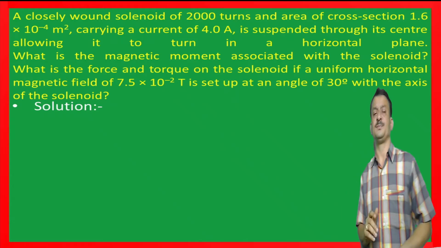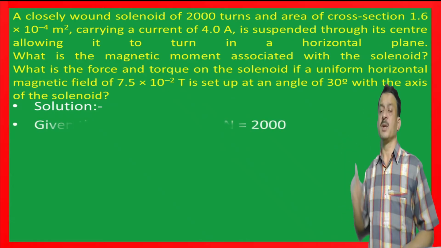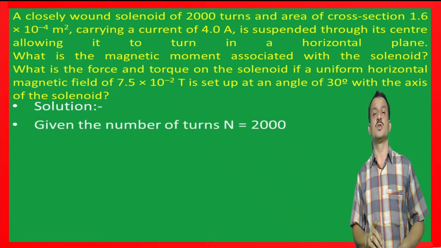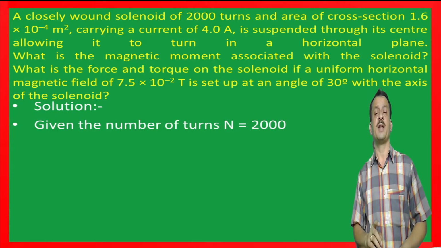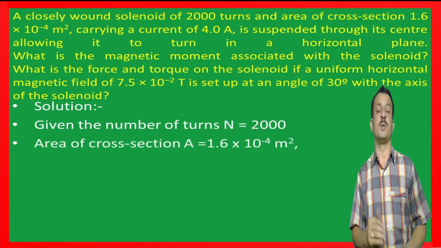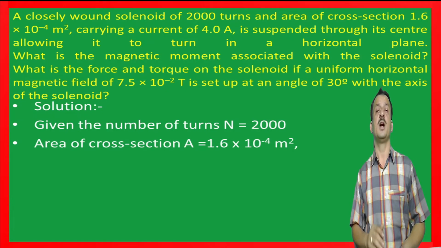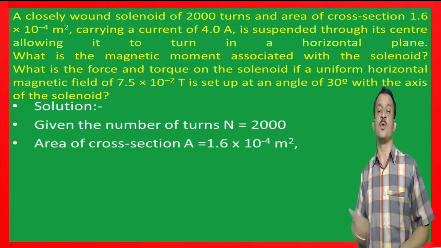Now given things. First, given the number of turns, N is equal to 2000, and then given the area of cross section of the solenoid 1.6 into 10 to the power of minus 4, and the current carried by the solenoid, it is 4 amps.